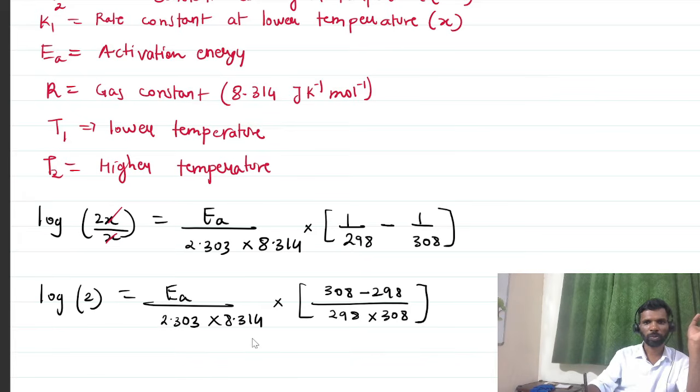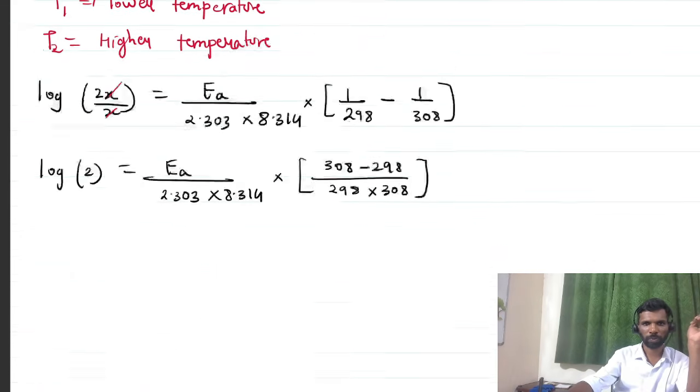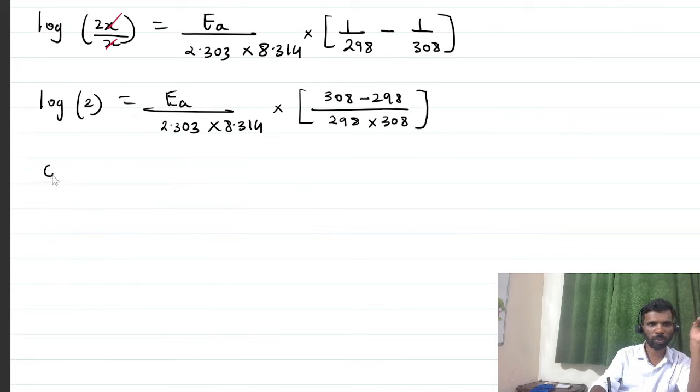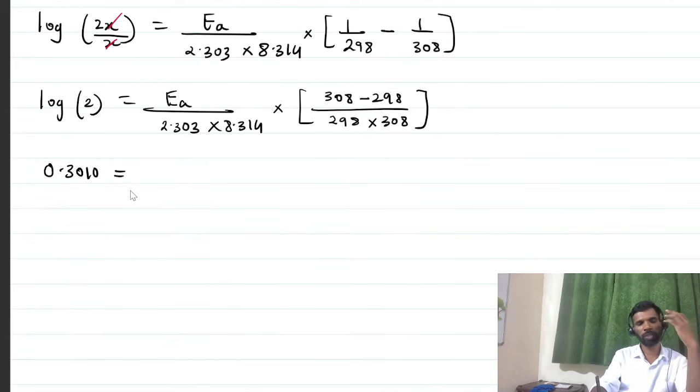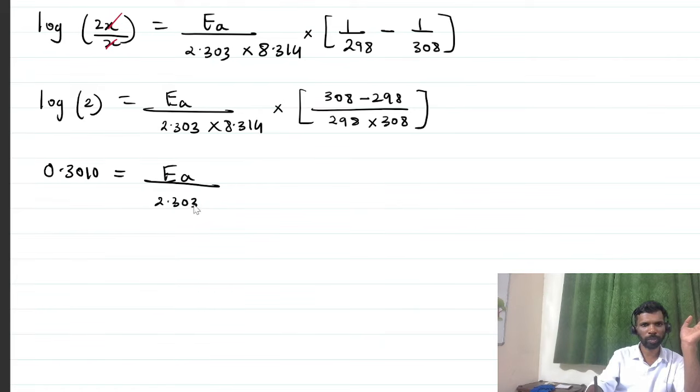So log of 2 is 0.3010. Everyone should know this. Don't search a log table for log of 2; it will simply consume your time. EA is equal to 2.303 into 8.314 into the difference of 10 upon 298 into 308.